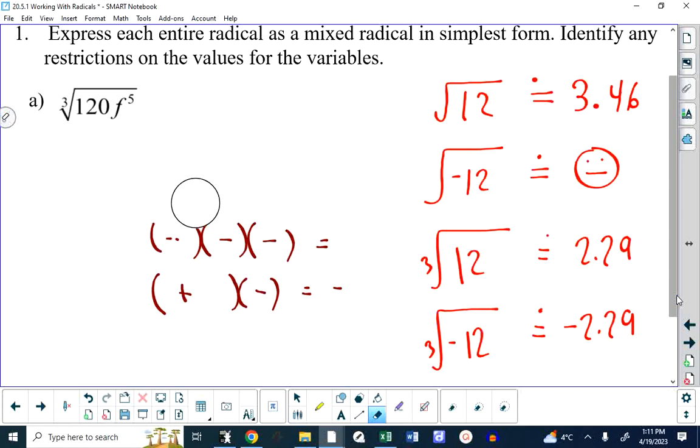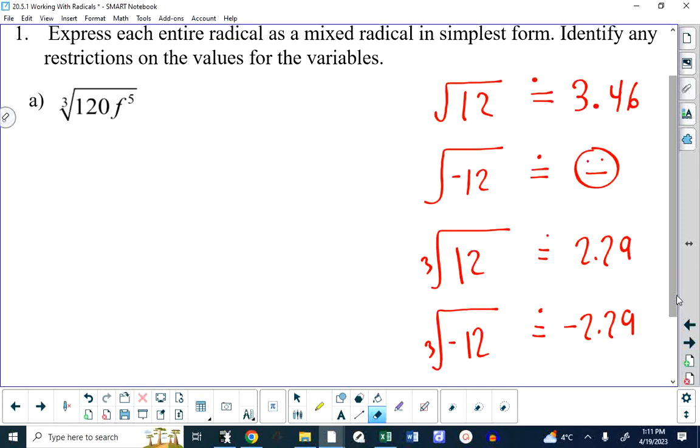The question says we have to simplify this, but let's do the restrictions on the values for the variables first. These are what we call non-permissible values. Is there a value for f that's not allowed here? No, there's no value that's not allowed, because it doesn't matter what f is. You're taking the cube root of something.